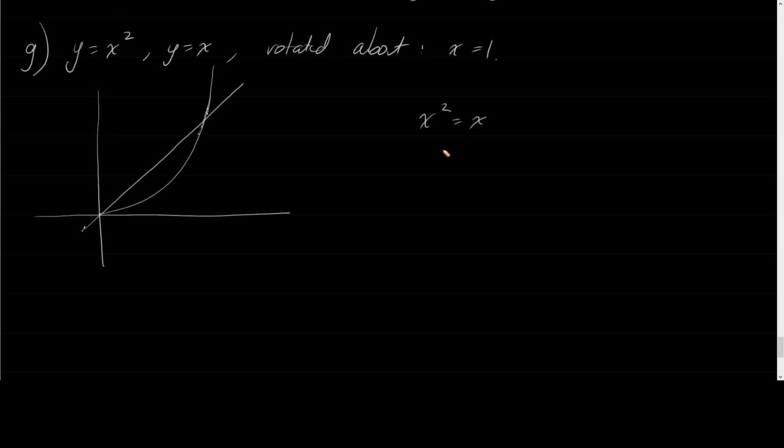X squared equals x. Move the x over. X squared minus x equals 0. Factor out x. X times x minus 1 equals 0, which means that either x equals 0 or x equals 1. So they actually meet, in fact, at 1, which is what we're rotating about, right?